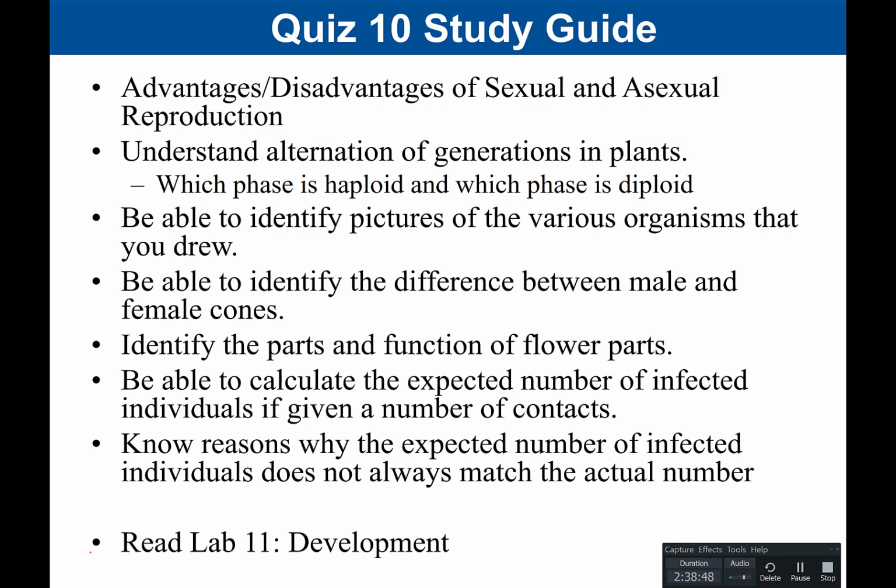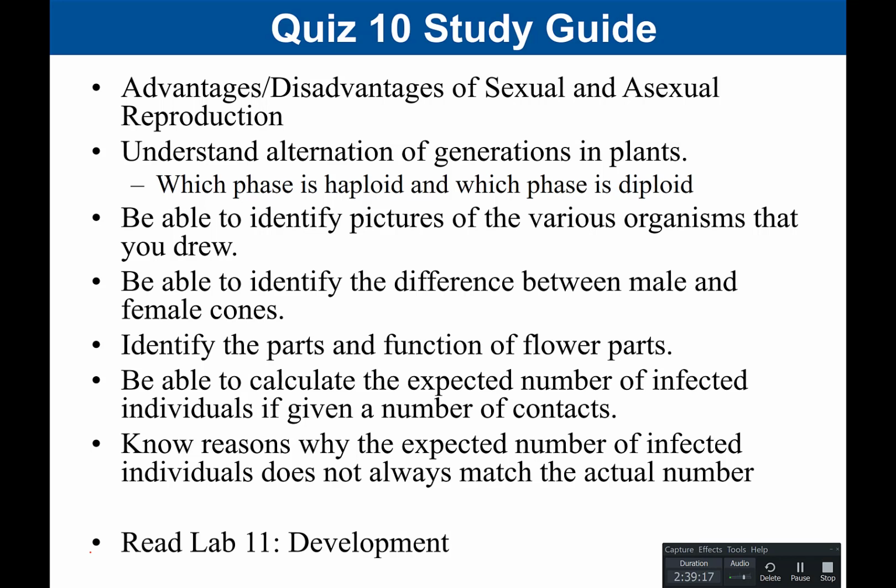Be able to calculate the expected number of infected individuals if given a number of contacts. So if you were given that somebody had 4 contacts, the expected number of infected individuals should be 2 to the 4th power. So 16 people would be expected. Know reasons why the expected number of infected individuals does not always match the actual number.